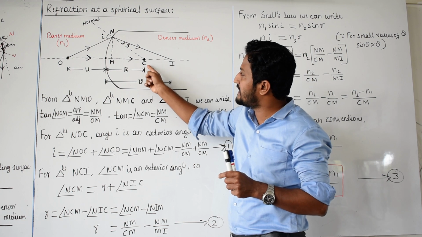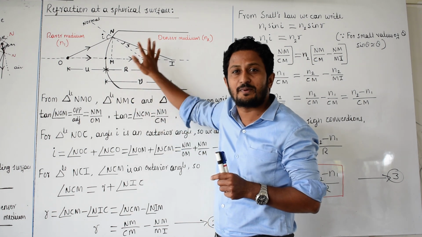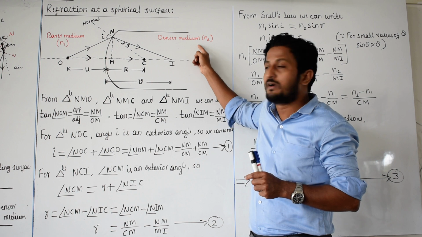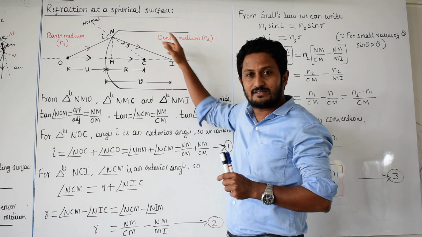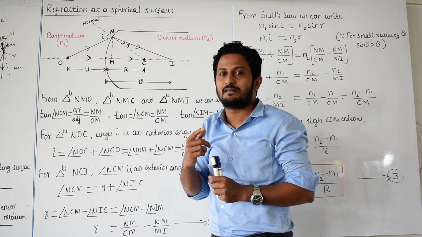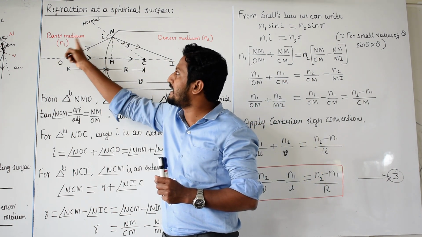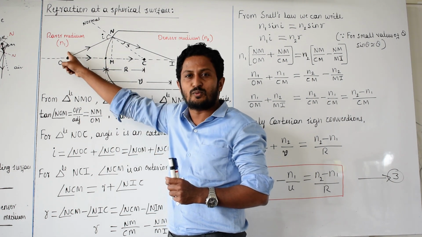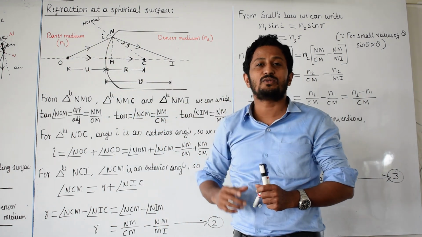This C is the center of this imaginary sphere of transparent material. So that we call the denser medium of refractive index N2. Around this imaginary sphere there is an air medium, which is rarer compared to this one. So that we call the rarer medium, air, with refractive index N1. N1 for the air and N2 for the denser medium, the glass.